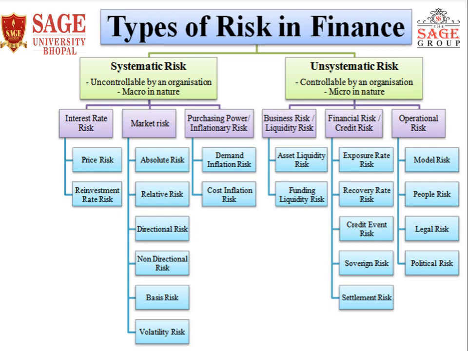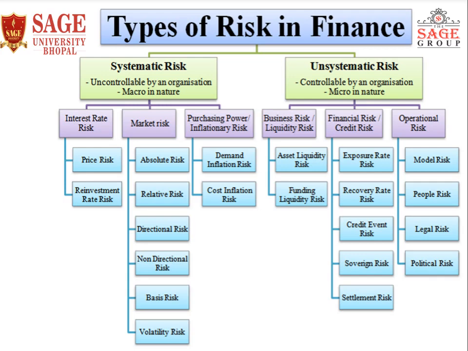Generally, systematic risk can be predicted, and whenever it happens, it is uncontrollable by any organization. On the other hand, unsystematic risks are micro in nature. They can be predicted in the organization and they are controllable in the organization.